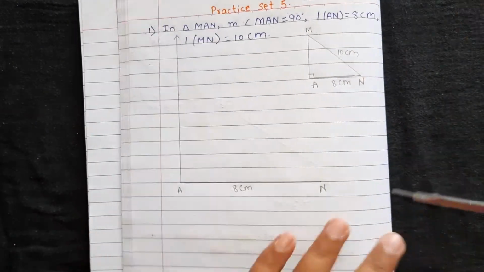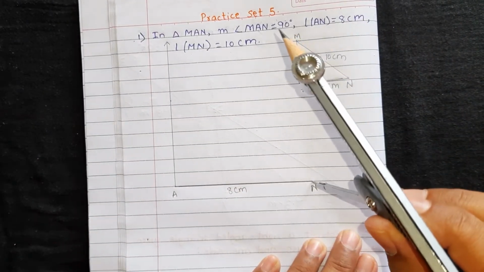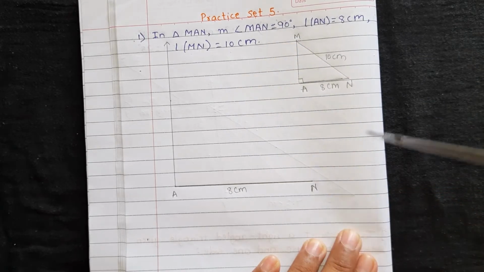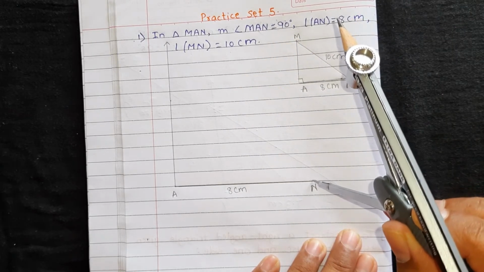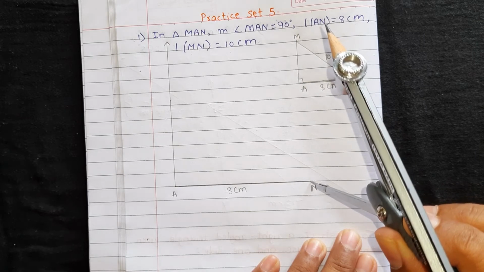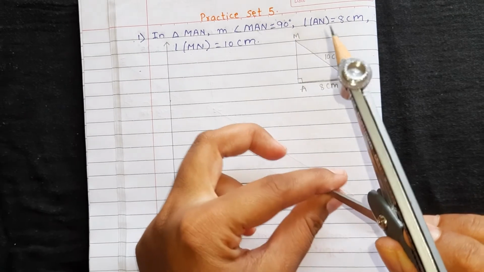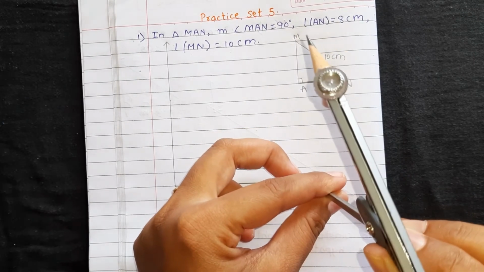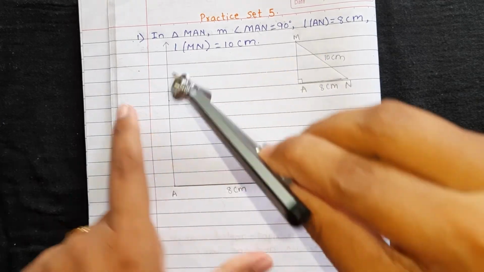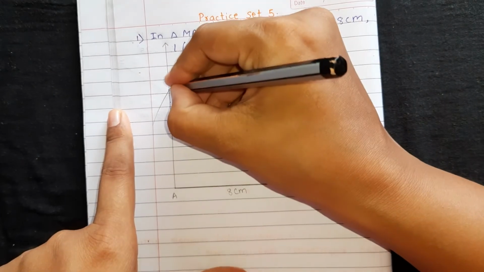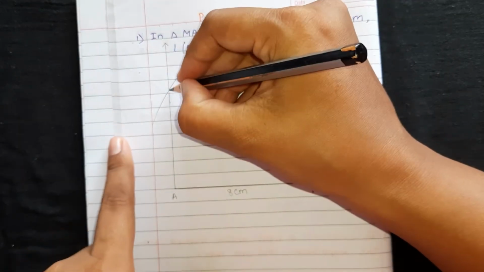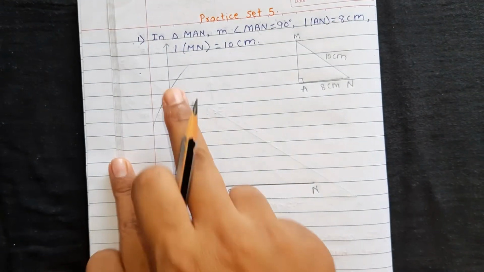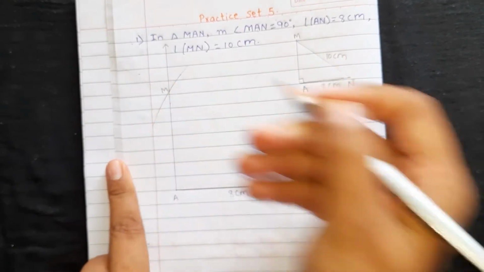Now slowly we will keep this on point N. From point N we will mark an arc on this ray. So give here a dot at the point of intersection. So this will be our point M.